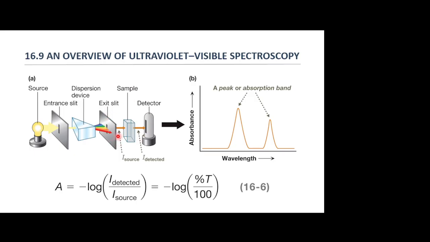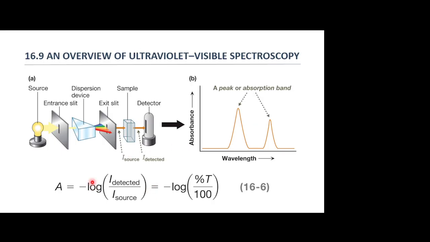And then you would have passed that through your sample. You'd measure the initial source intensity and then the detected intensity after it passes through the sample. That would give you percent transmittance. Okay? So that would be the detected light divided by the source. You did that by taking a background and then running a sample, right? Okay.